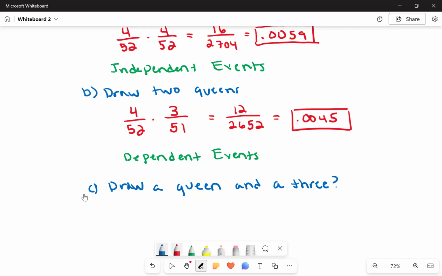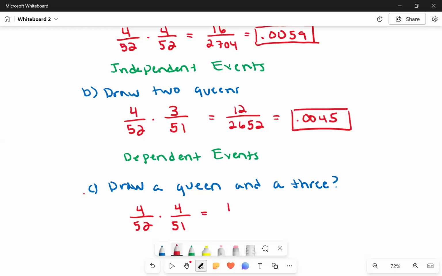So therefore, the probability that we draw a queen is 4 out of 52, but we're not assuming replacement because they didn't say that. So we're holding on to the queen in our hand. So how many 3s are left in the deck? Well, there's still 4 3s in the deck. However, there is only 51 cards because I'm holding one of the cards in my hand.